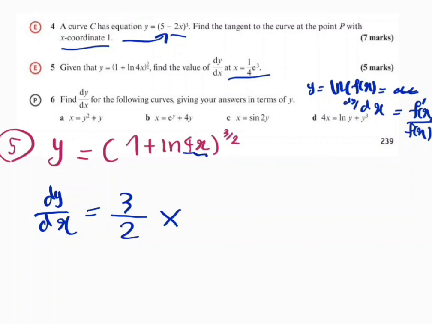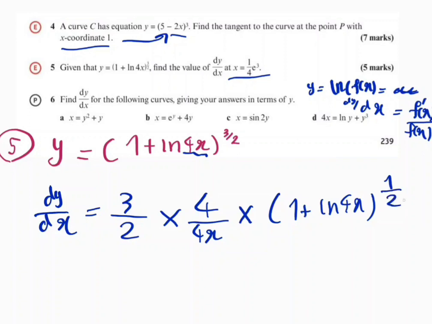So in this case, the derivative of 4x is just 4 over 4x, because 4x, that's the function. And of course, we can simplify this, which simplifies to 1 over x times the bracket, and now the power of the bracket minus 1, and we get a half.